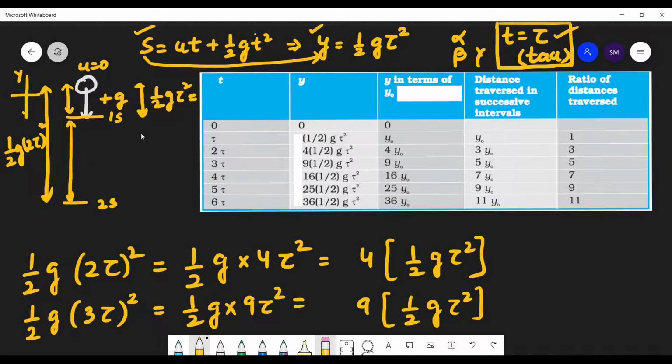So I can assume this half g tau square as y naught, the distance traveled in the first second. So I can write it as 4y naught, and this as 9y naught.